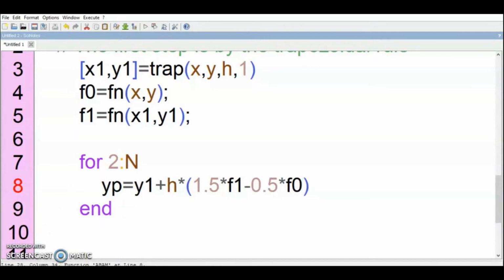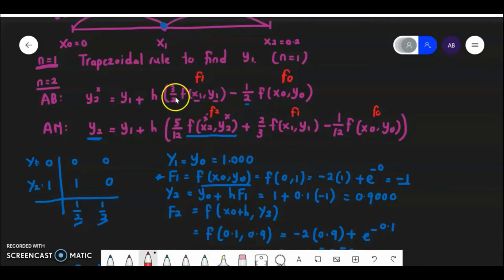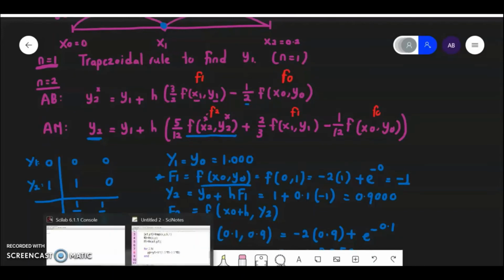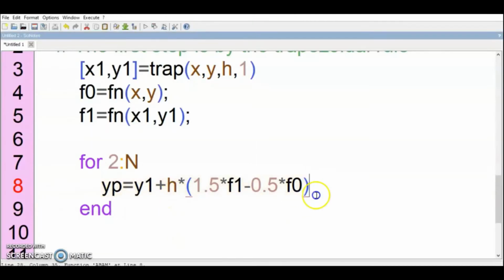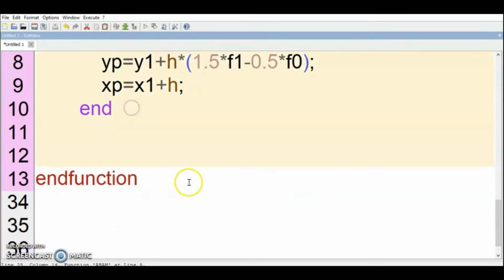Let's check whether this is correct: 3 over 2 f1 minus 1 over 2 f naught, factoring out h. That's good. So what is my x2? Let's say xp equals x1 plus h. I can actually use the same x1 if I wanted to.